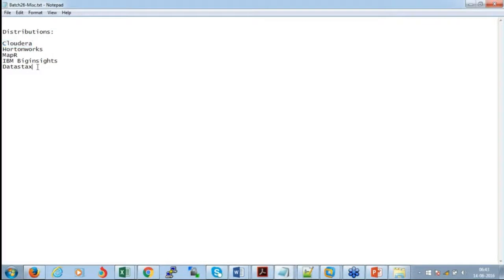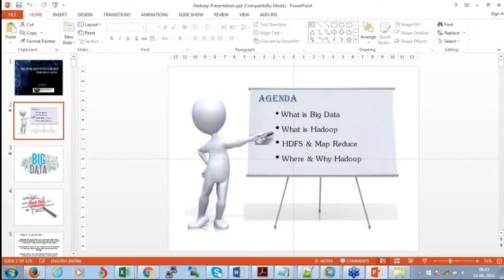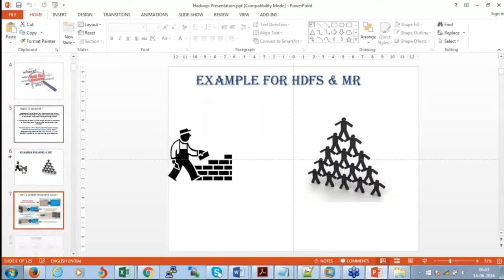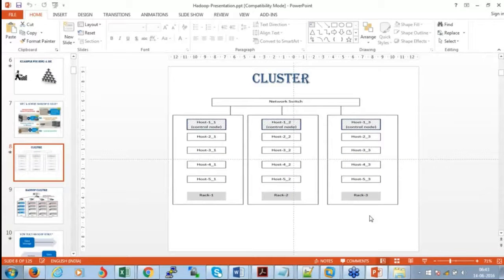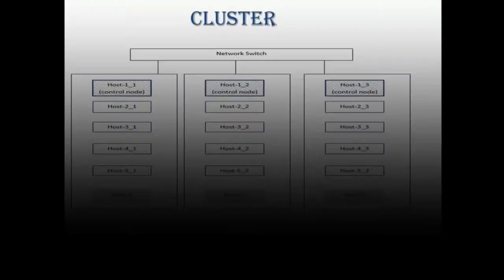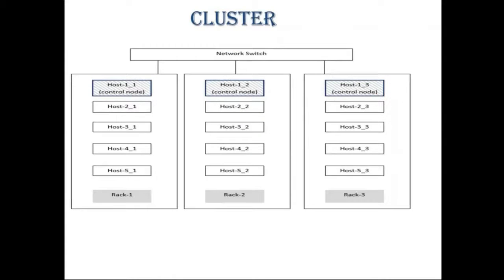Okay, now the next question is, what's the size of the cluster you've worked on? So what's a cluster? That's something we have discussed already. Hadoop is a distributed system. Everyone knows that. In this distributed system, I have multiple systems or multiple nodes working together to achieve distribution.